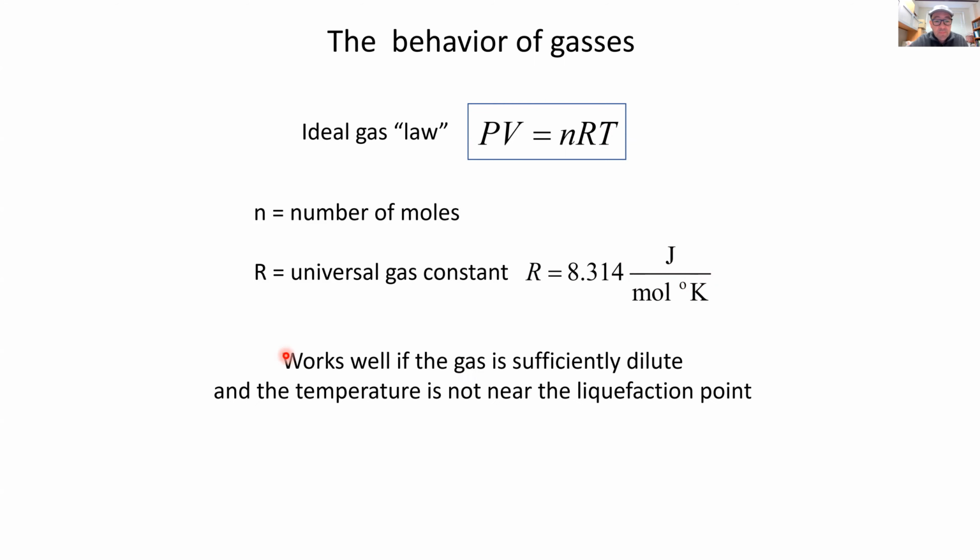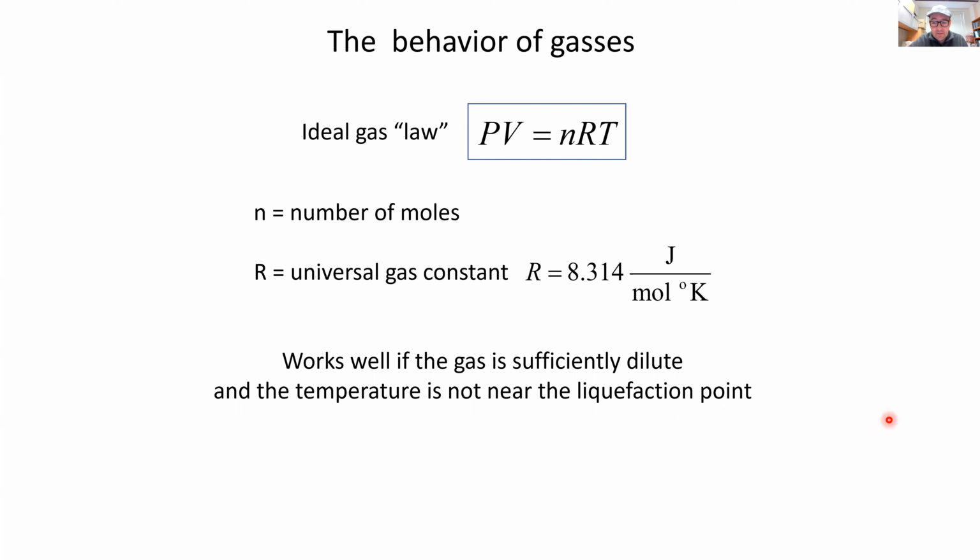Okay, so as I was saying, this ideal gas law works well for whatever gas as long as it's sufficiently dilute and the temperature is not near the liquefaction point. Basically, what you need for an ideal gas is for the gas molecules to not know that any other gas molecule exists. The gas molecules must not interact with each other, and that gives an ideal gas.